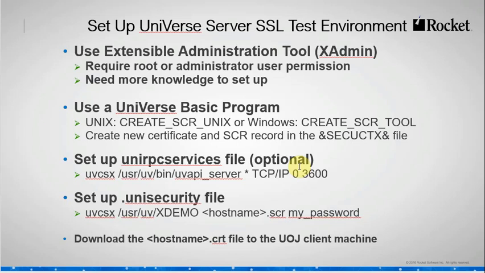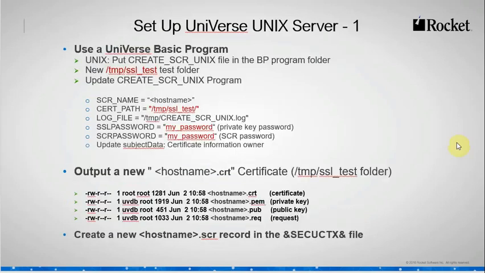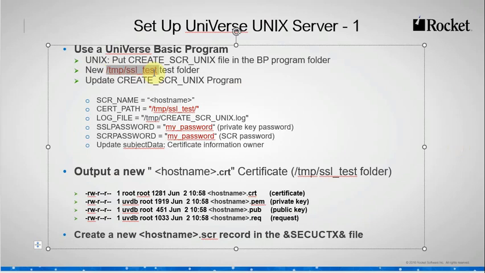After setting it up, you just need to download the certificates to the UOJ client. So here's the example. In my Unix environment, I created a /temp/SSL_test folder. Then I create the self-signed certificate in that particular folder. For the parameters, I like to change the SCR name to the same host name.